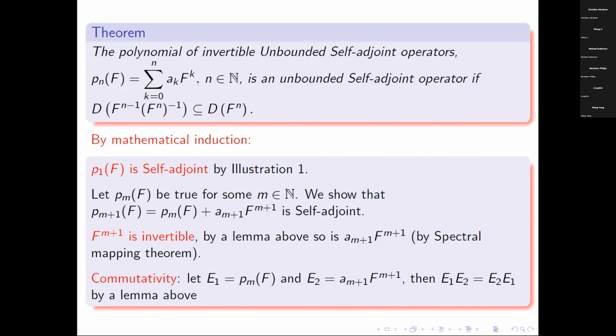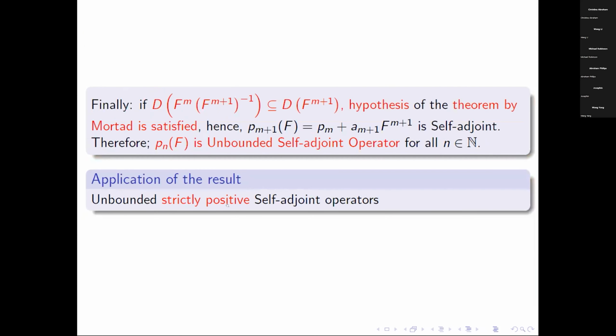that property above. And therefore, if we can come up with a suitable domain such that the domain of Fm acting on the inverse of the domain of m plus 1 is contained in the domain of F m plus 1, then the hypothesis of the theorem by Motard will have been satisfied, and therefore the polynomial P m plus 1 will be a self-adjoint operator.